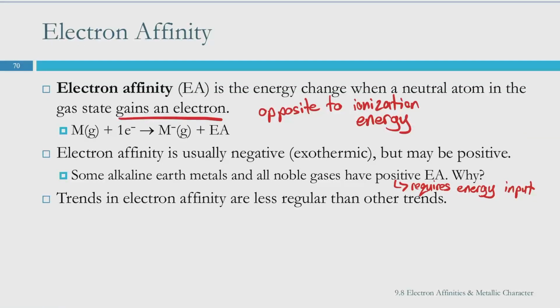Any ideas why that would be? What column is our alkaline earth metals? It's the second one. So beryllium, magnesium, calcium, etc. What do those have in common in terms of their electron configuration?